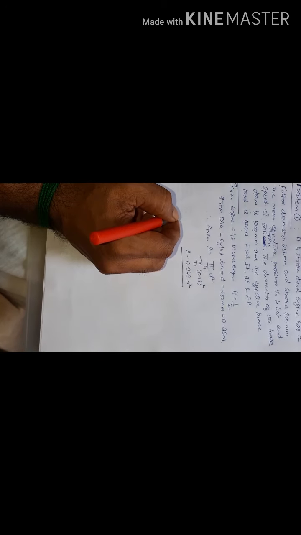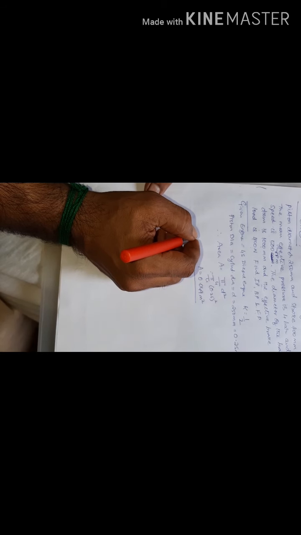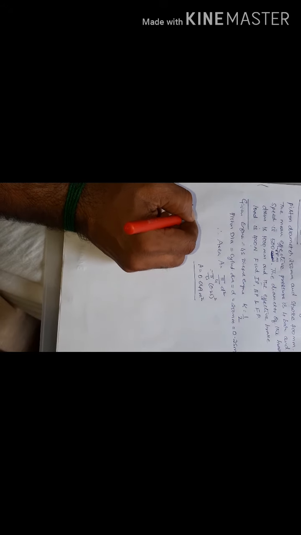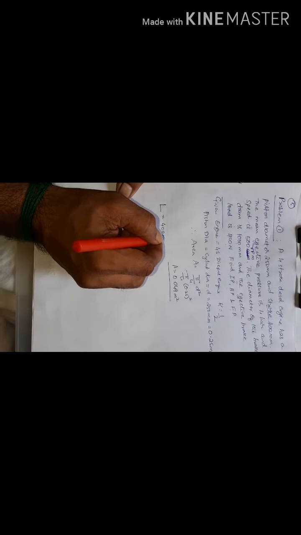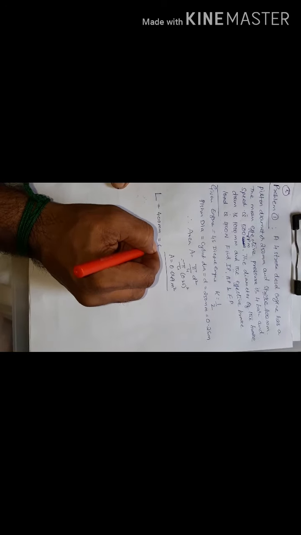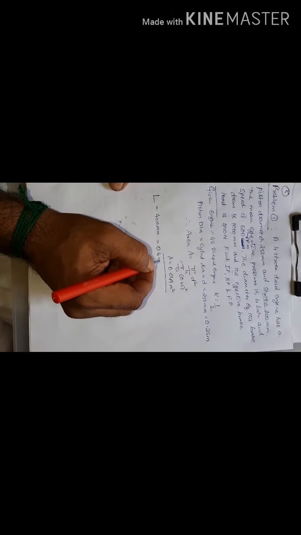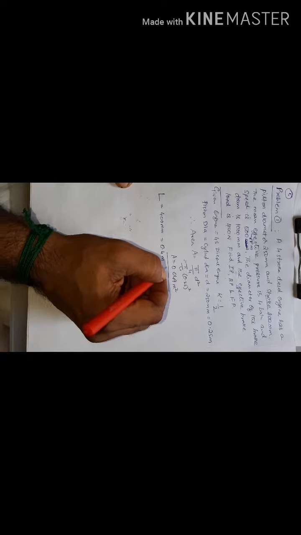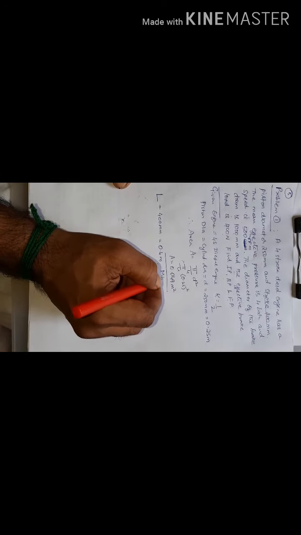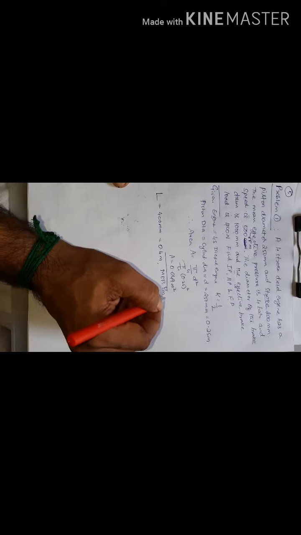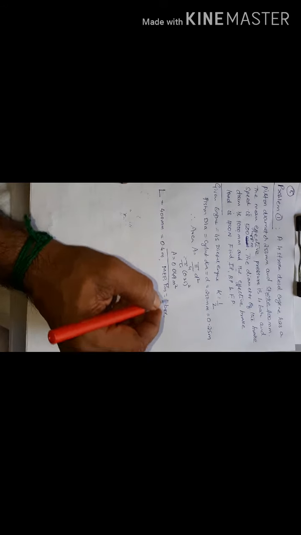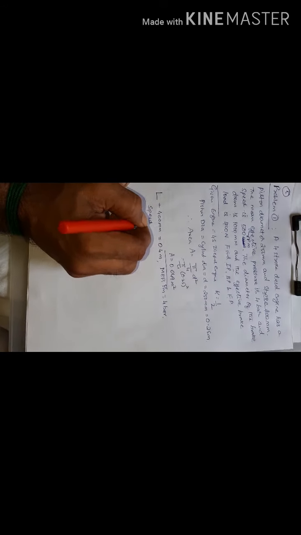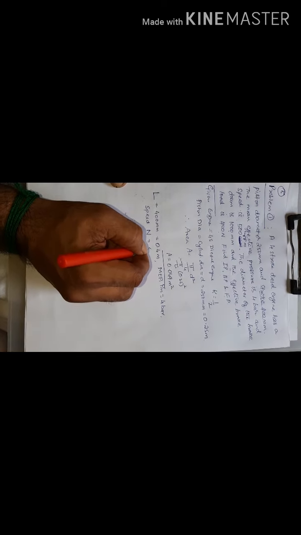Now the stroke length L is given as 400 mm, so again convert this into meter: 0.4 meter. Next, the mean effective pressure, PM, is given as 4 bar. The speed, designated as N, is 500 rpm.